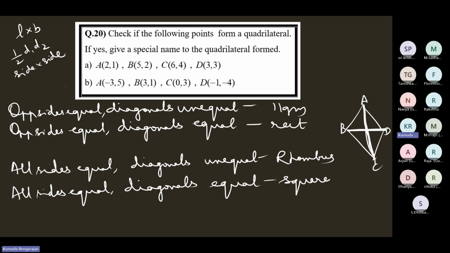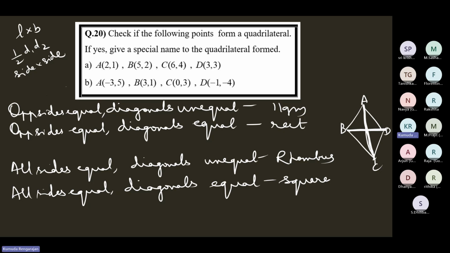When the question is to show that the points form a parallelogram, that means it already forms a quadrilateral. You just have to check if it forms a parallelogram, so you just have to see if opposite sides are equal. You're not concerned about the diagonals, so don't find the diagonals there.